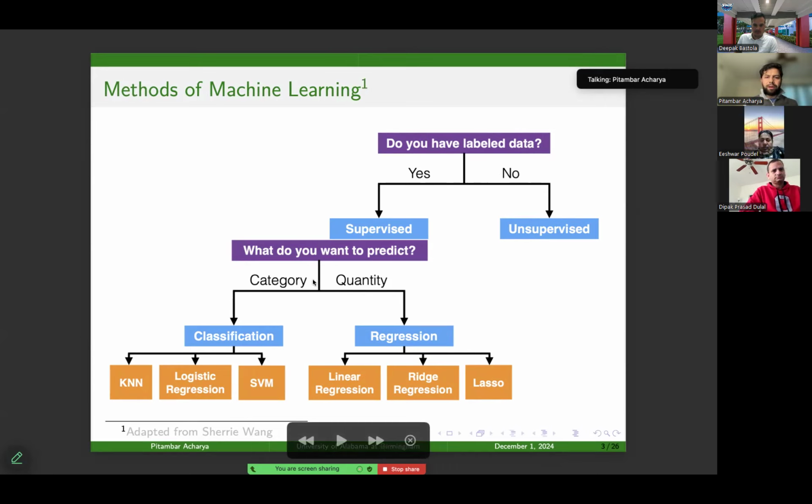There might be categorical and quantitative variables. If we have categorical variables, that belongs to the classification task, and if it is quantitative, then that belongs to regression. In classification, there might be binary classification. SVM is one of the classification tasks, although it is used in regression and outlier detection.